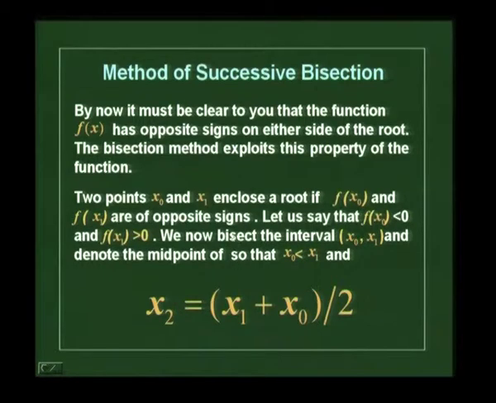We then take the mean of these as the new iteration point and look at the function value at this point. If the function value at this point is negative, then we replace x0 by this point, and if f of x2 is positive, then we replace x1 by that point. That is what we saw, because we have chosen x0 and x1 such that f of x0 is less than 0 and f of x1 is greater than 0.